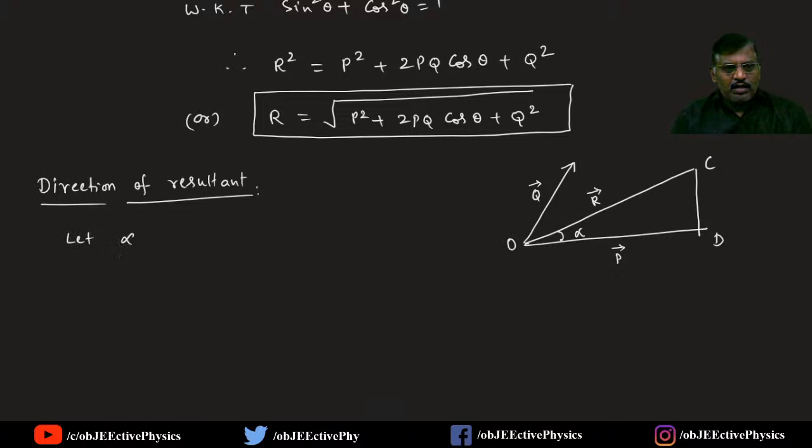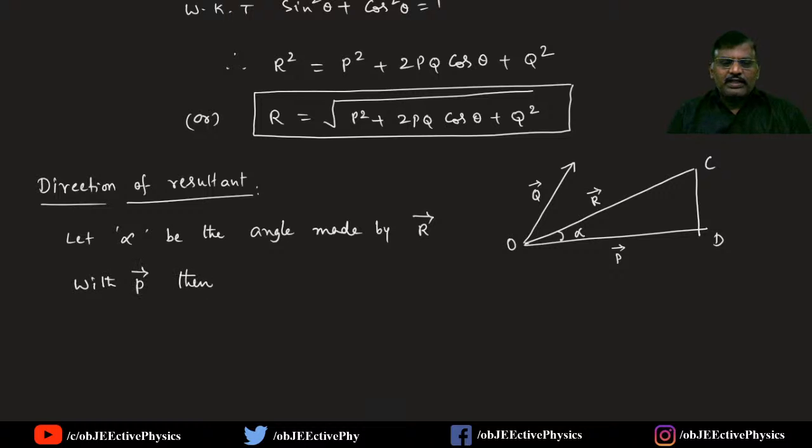Let alpha be the angle made by R bar with P bar, then this angle alpha gives the direction of the resultant.